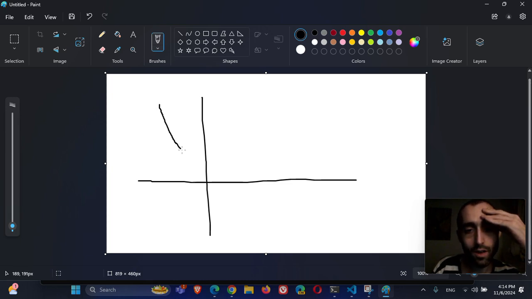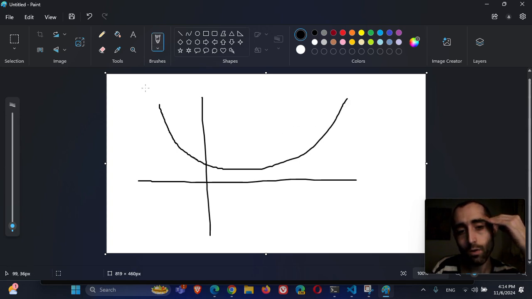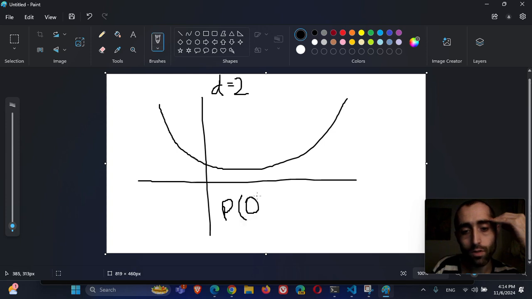So, for example, if I have a polynomial like this, the degree of this polynomial is 2, and the secret will be the value of the polynomial at x equals 0. The value here will be the secret that you are looking for.